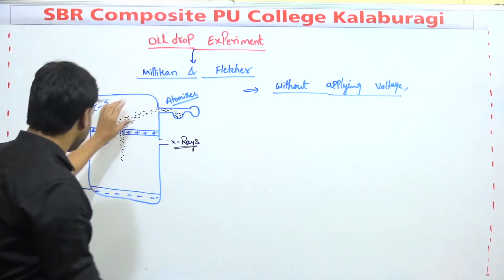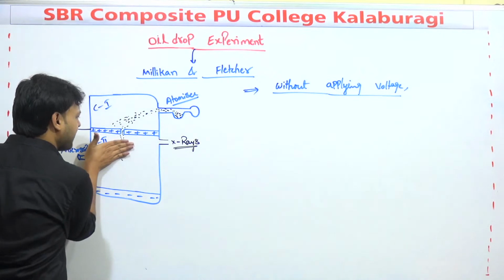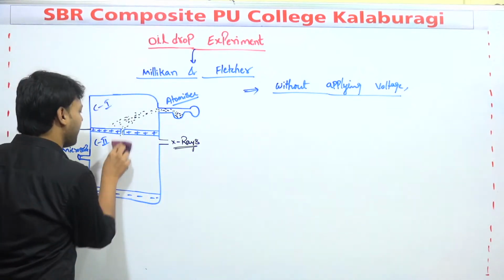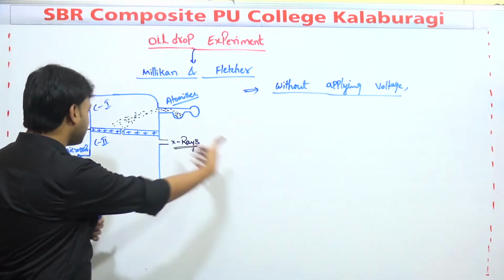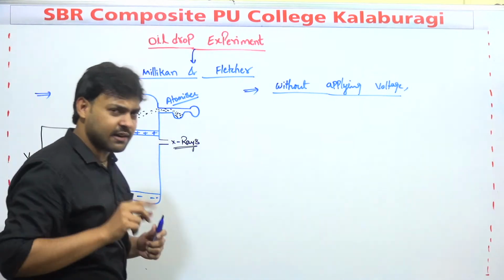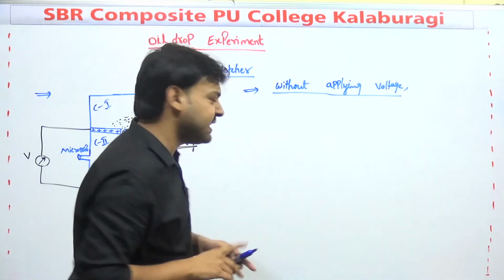Here I have shown many drops, but consider only one drop coming down. You can draw that. I am considering only one charged drop. What type of charge? Due to this process, I am considering negative charge on the drop.